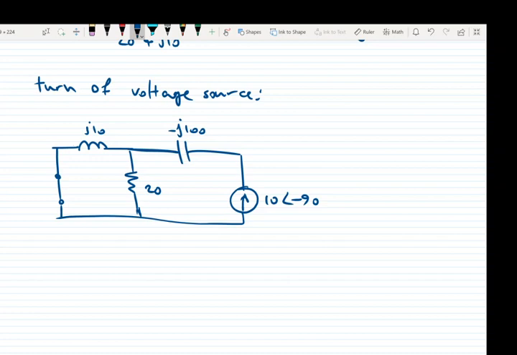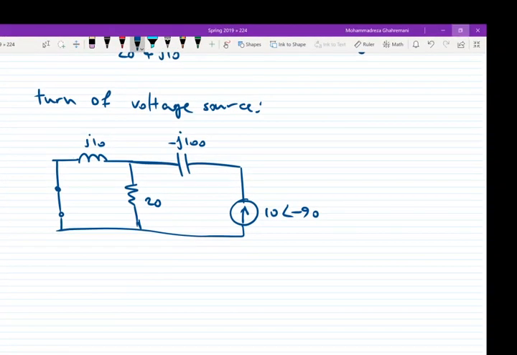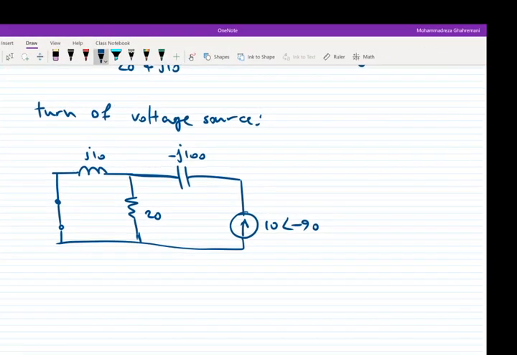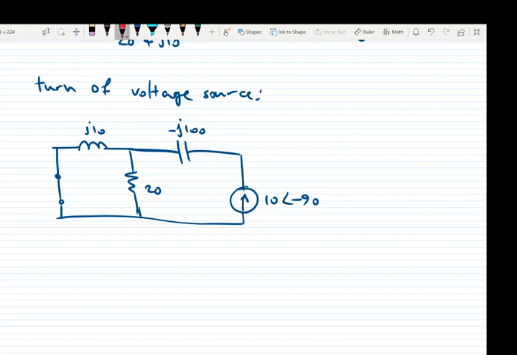So we want to find IL2. In order to find IL2 using mesh analysis, we have two loops, I1 and I2.